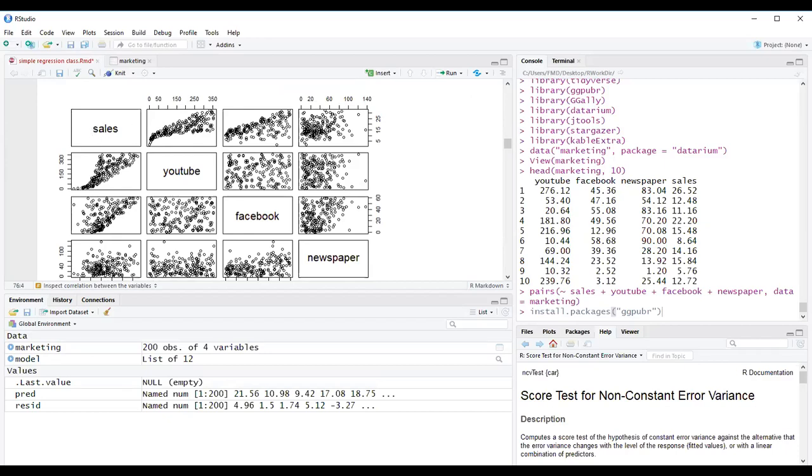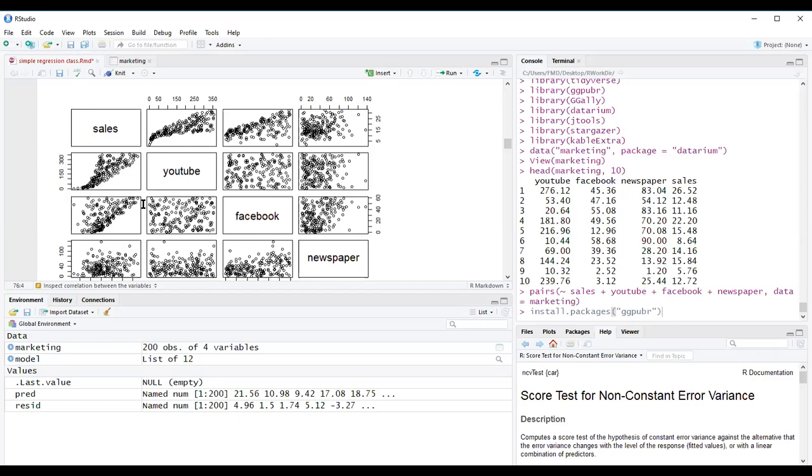You can look at it from this plot or from this plot. What's the difference between this plot and this plot? In this plot, your y-axis is your sales and Facebook is your x-axis. However, in this plot, sales is the x-axis and Facebook is the y-axis.